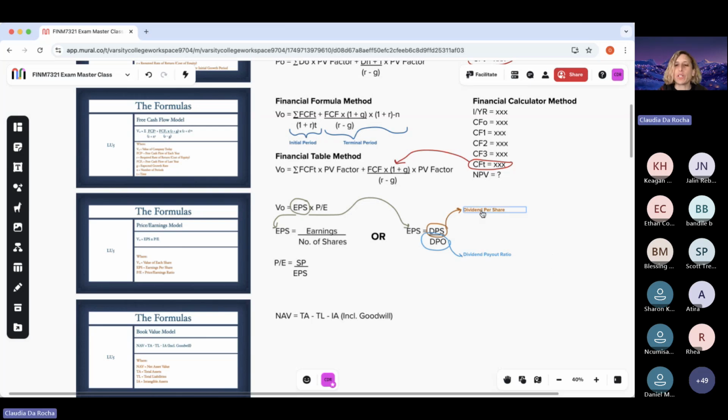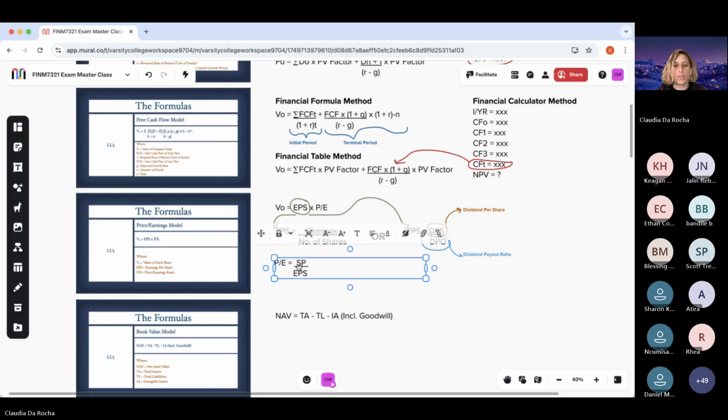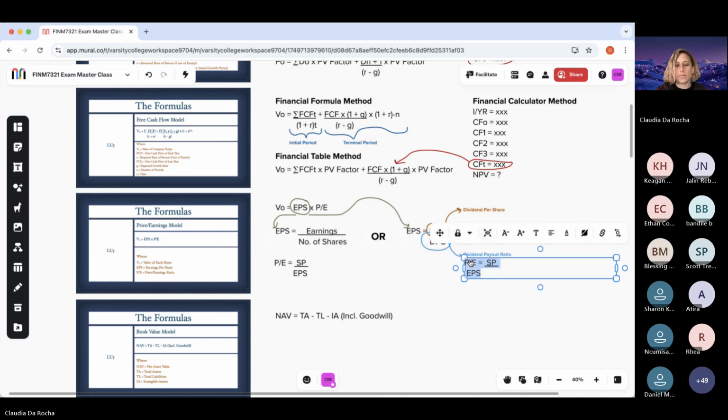Okay, for your dividend payout, if we're looking at our Financial Management 2A textbook or information from that time, it's your dividend per share all over your earnings per share.